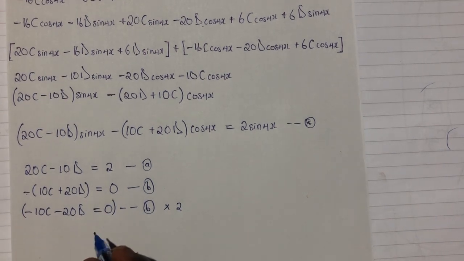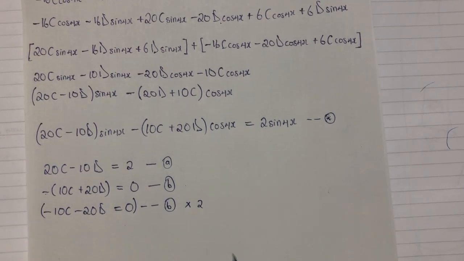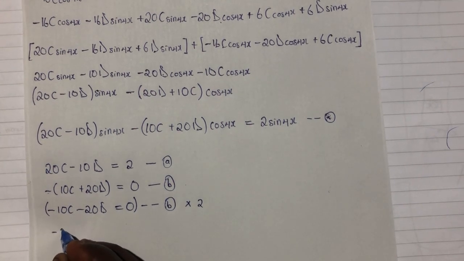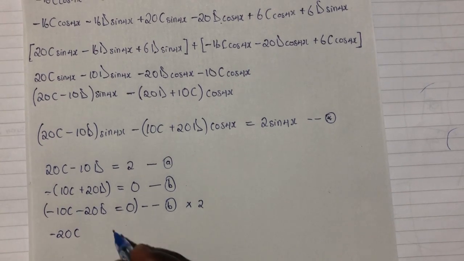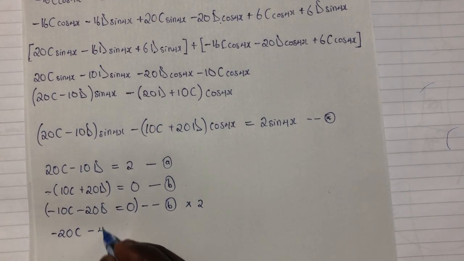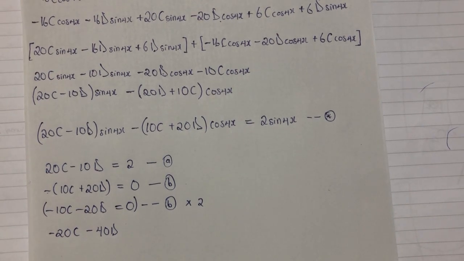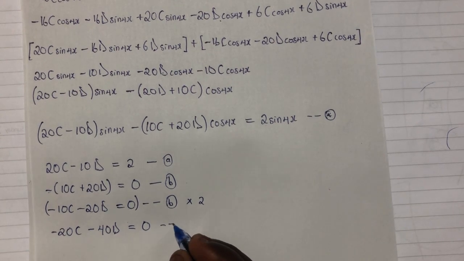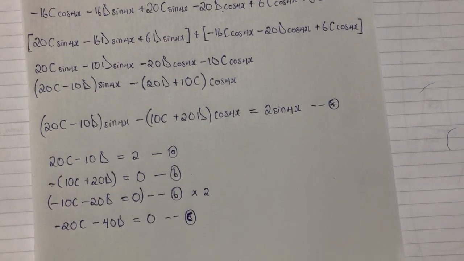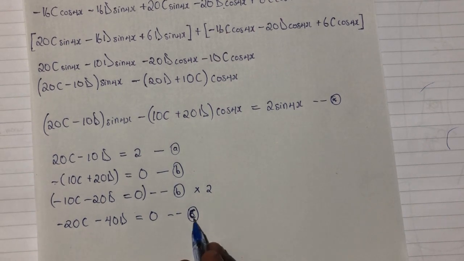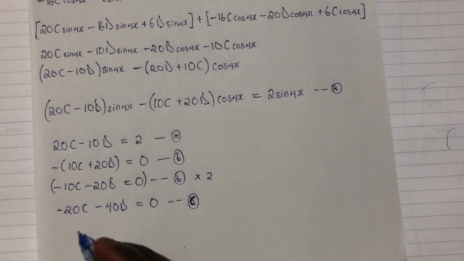So 2 times this 10 will give me minus 20c, and 2 times this will give me minus 40d, equals 2 times 0 which gives me 0. So let me name this one equation C. So now we consider equation A and equation C so that we can work on it.